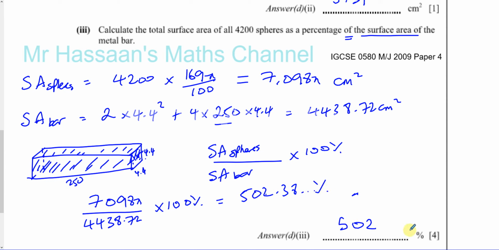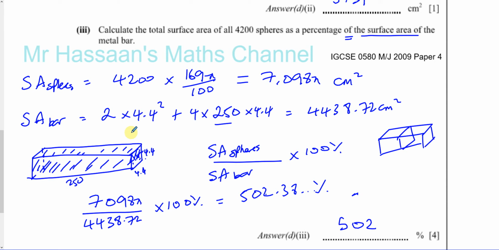And some people say, how can it be that it's over 100%? Well, if you think about it, if you take an object and slice it into two parts, even if you take a cuboid and slice it into two cuboids, you're going to have more surfaces. So if you make lots of spheres out of it, the amount of the object that is exposed to the surface is going to be more.